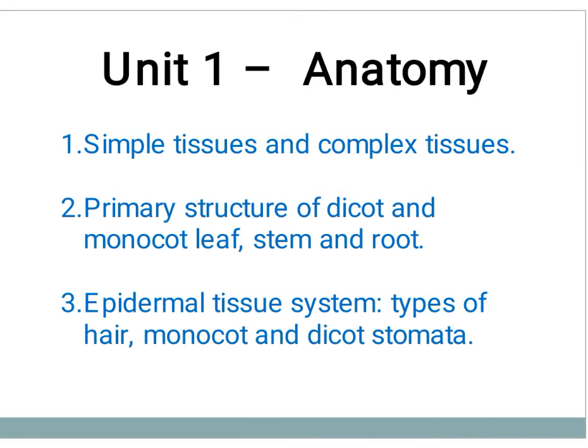The last topic is the epidermal tissue system, and in that topic we will see types of hairs and monocot and dicot stomata. So this all constitutes the study of internal structure of plants, and it is known as anatomy.